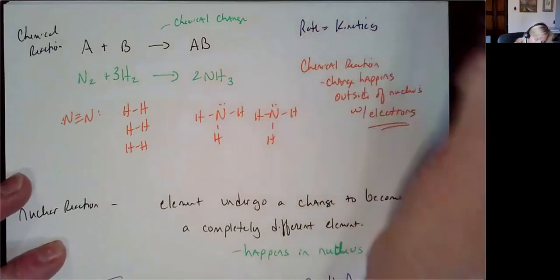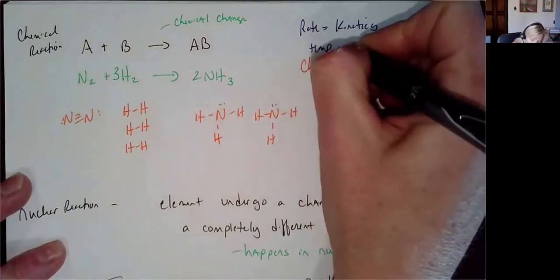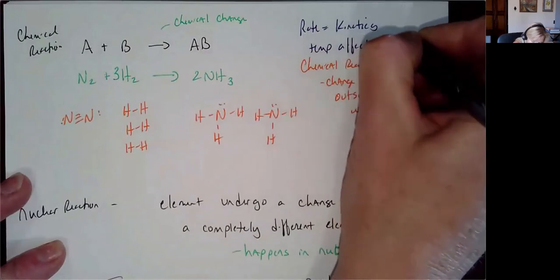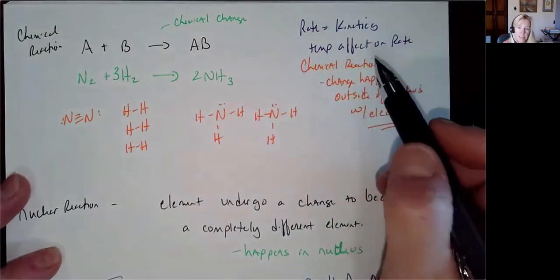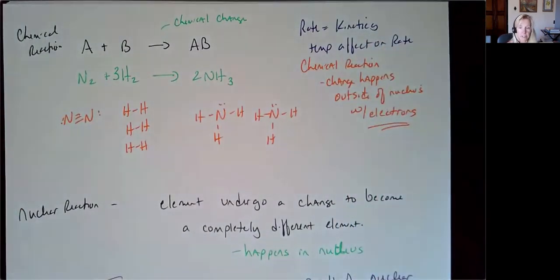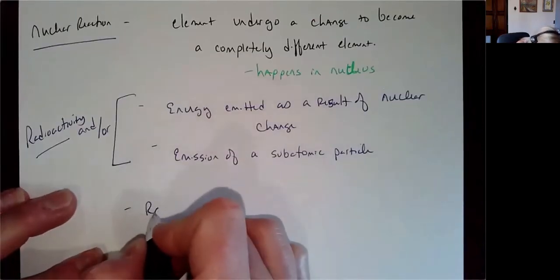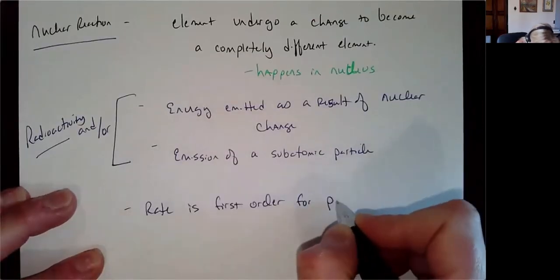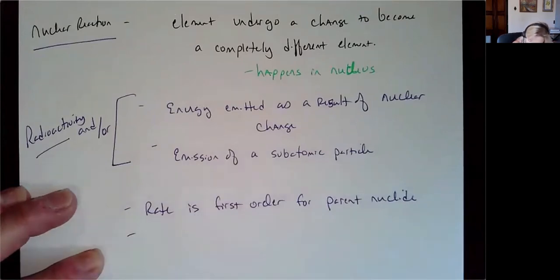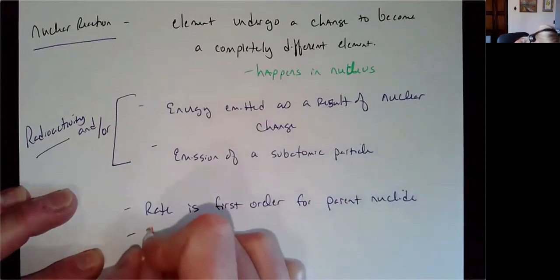And in a chemical reaction, temperature can have an effect on the rate. Remember, we said for every 10 degrees Celsius increase in temperature, the rate of that chemical reaction is going to double. In a nuclear reaction, the rate is going to be first order for the parent nuclide, and most importantly, temperature is going to have no effect.